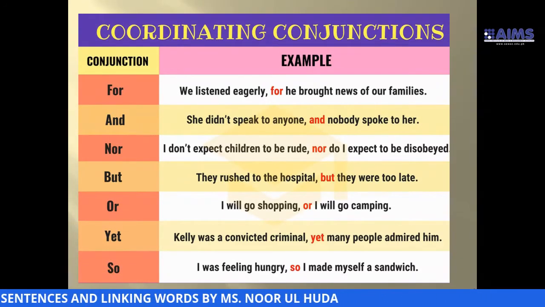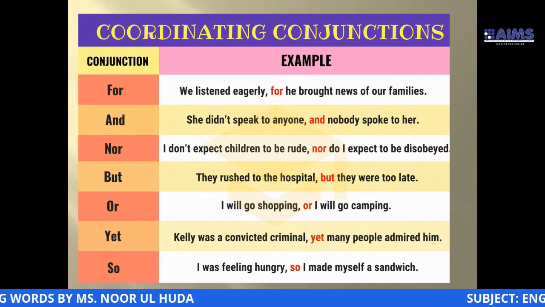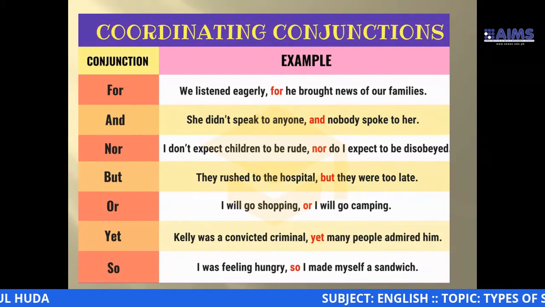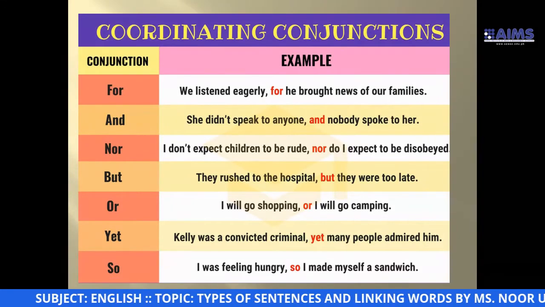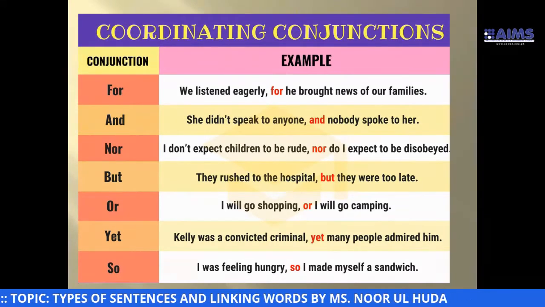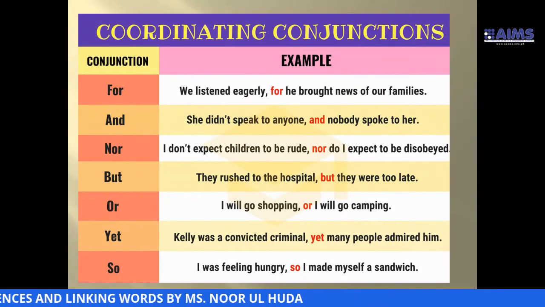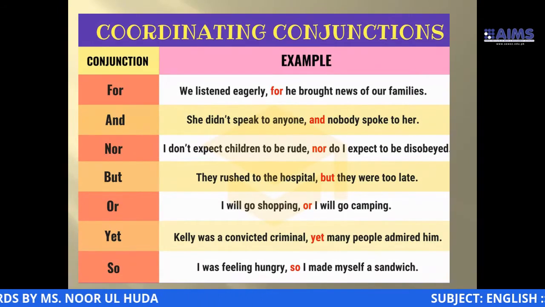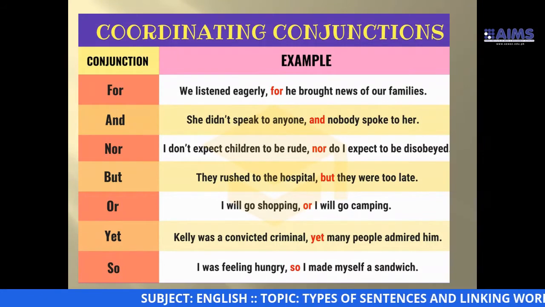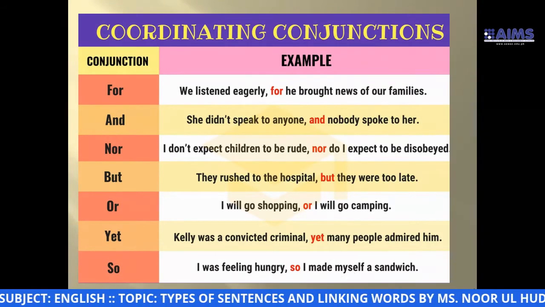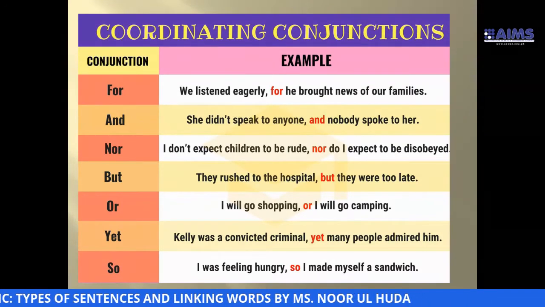And now: She didn't speak to anyone, and nobody spoke to her. "Nobody spoke to her" is an independent clause. "She didn't speak to anyone" is also an independent clause, and we are combining them by putting "and" here. You can see that in every coordinating conjunction, we have put a comma before it. So you need to take care of it while writing.